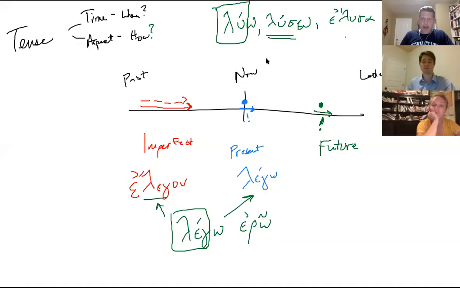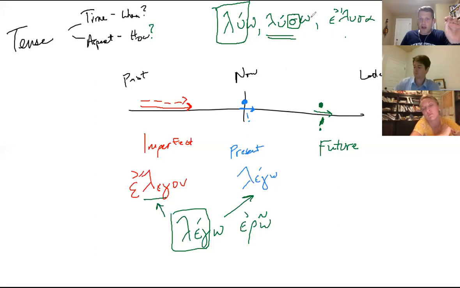Well, let's look at luo as our example. Luo, luso. What do you notice is the difference? Sorry, this is so sloppy. Let's just read that. What's the difference between luo and luso? Sigma, that's it. This sigma is the tense sign, the tense indicator of the future active and middle indicative.